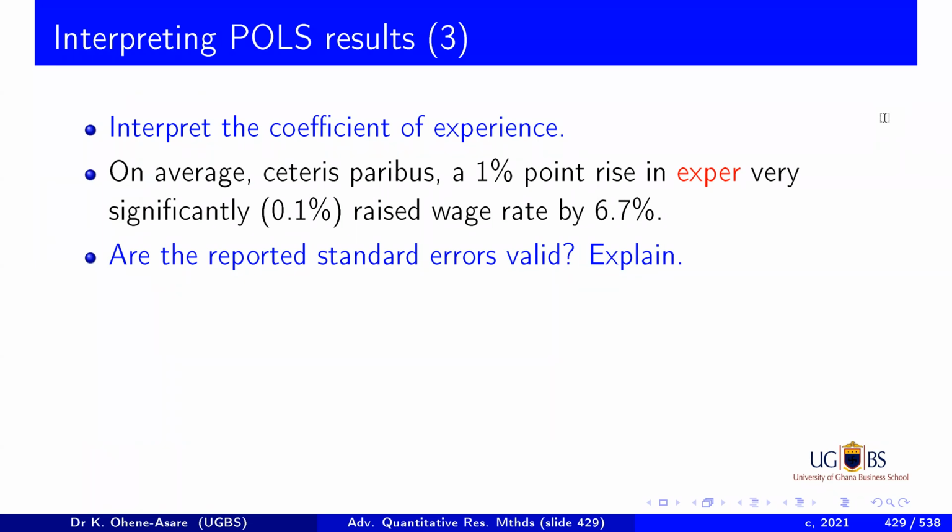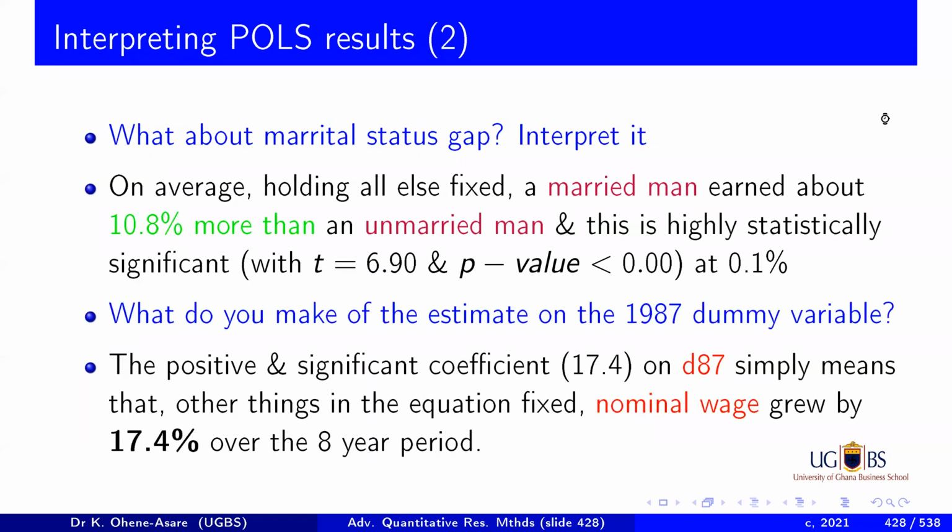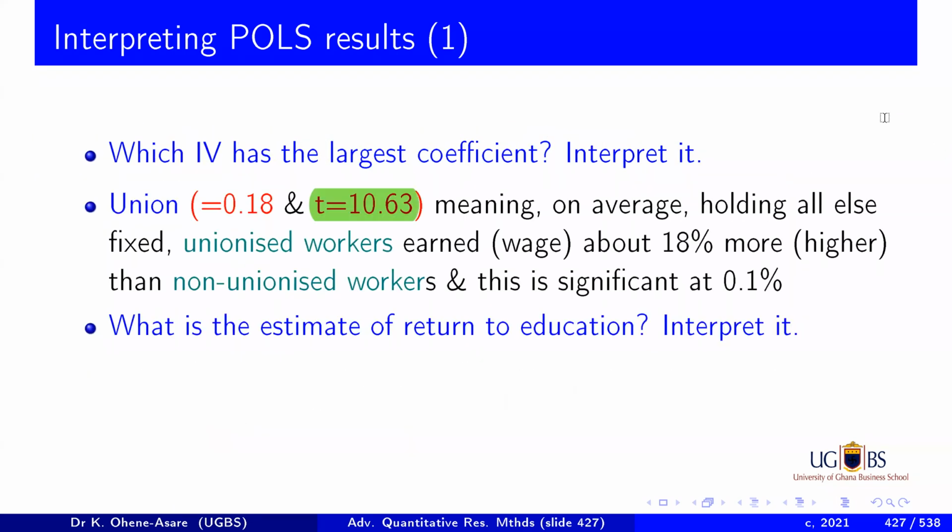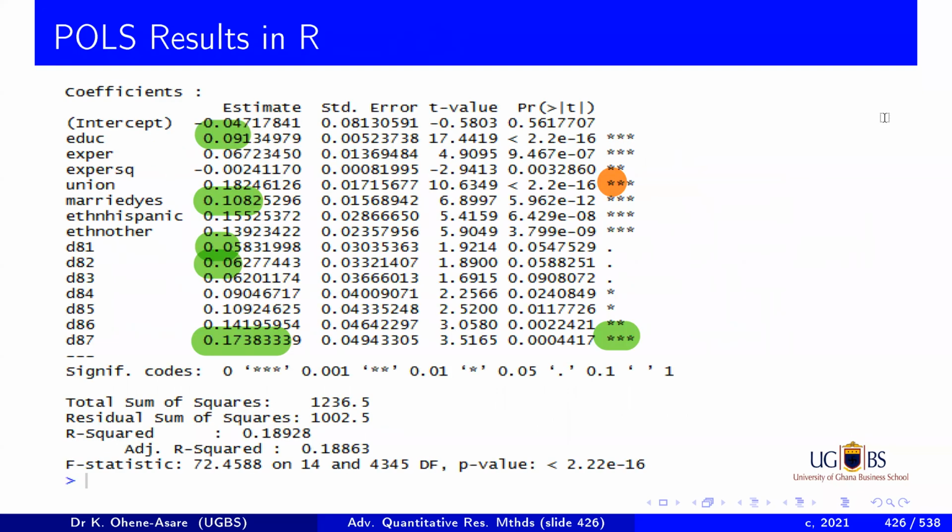This is critical. The standard errors that you are seeing, are they valid? Are they respectable standard errors? We are talking about all the standard errors here. Why or why not?